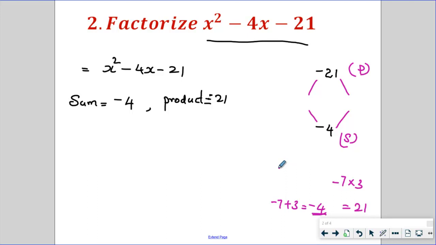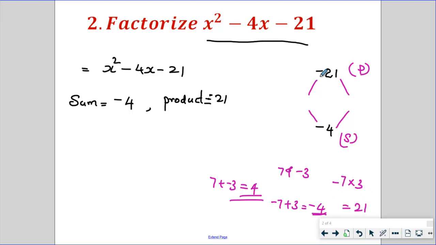Suppose you take 7 and minus 3: if you multiply 7 and minus 3 it is minus 21, but if you add 7 plus minus 3, our answer is 4. Here sum is minus 4, product is minus. If the product is minus, one number should be positive and the other negative.